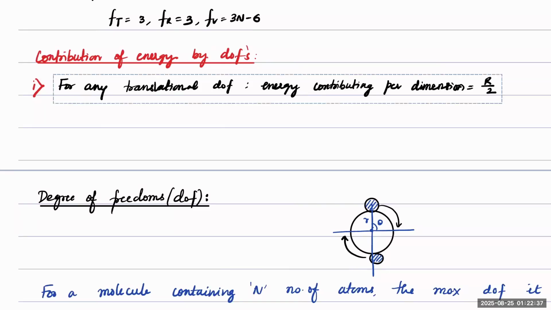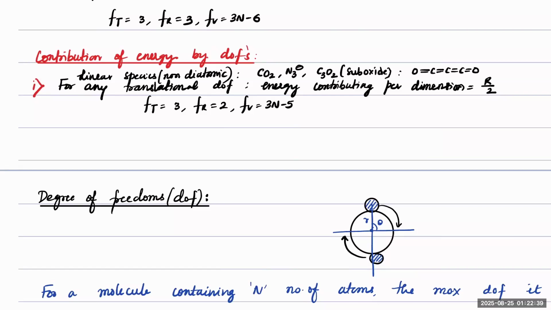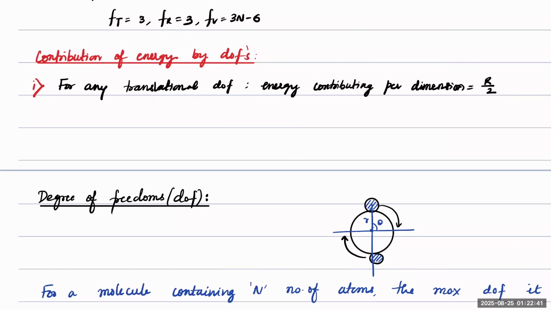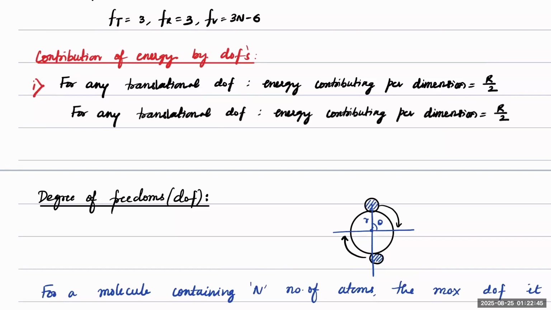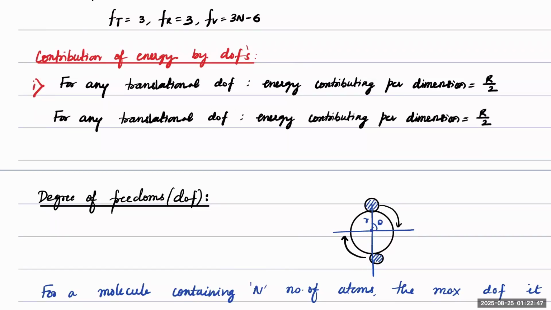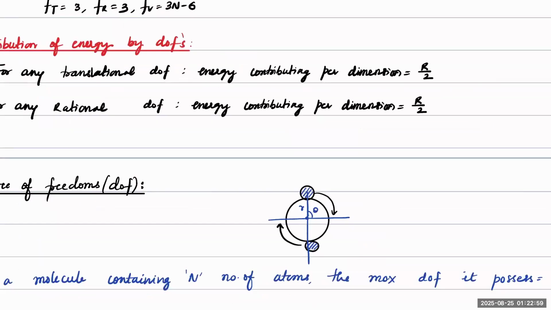Now same thing, if at all I copy the same here, the second thing you'll notice is that for any rotational degree of freedom, the energy contributed per dimension is also R by 2.